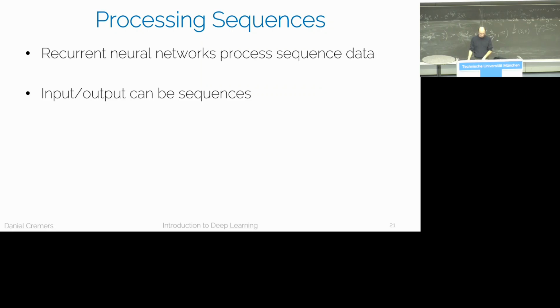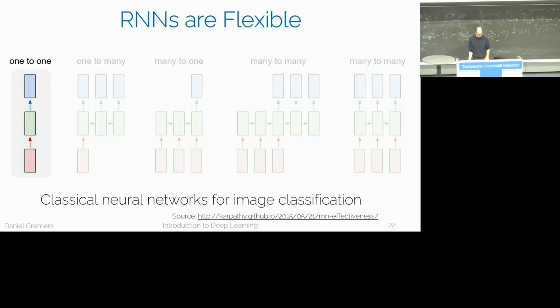So a recurrent neural network, the neural networks, they process sequence data, and the idea is that both the input to the network is a sequence, but also the output is or can be a sequence. And there's lots of different settings that you can consider, and these are all very relevant and all have different applications.